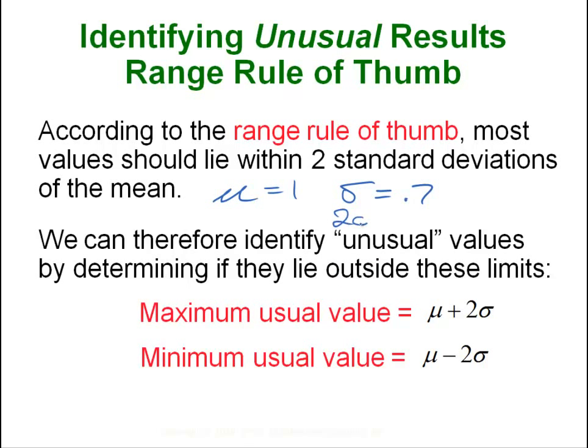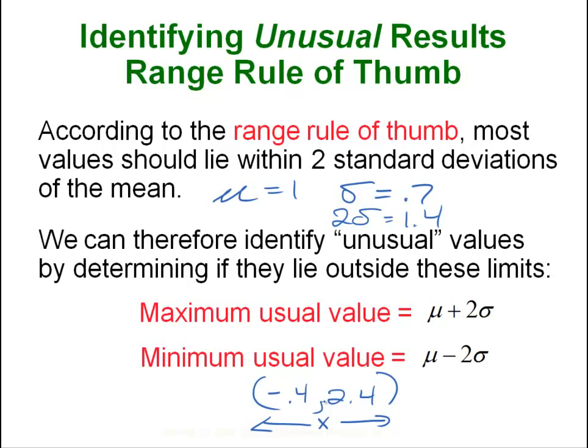So 2 times the standard deviation is 1.4. If we add that to 1, we get 2.4. And if we subtract it from 1, we get negative 0.4. And that tells us that that should be the range of usual results. This is the range of x. So if x is outside that range, it's considered unusual.